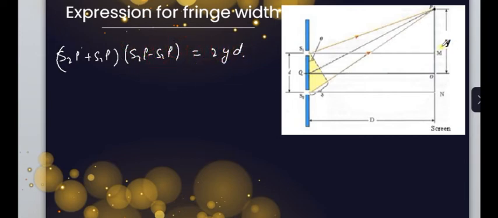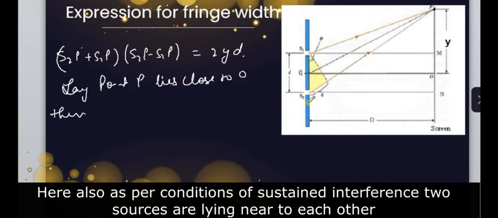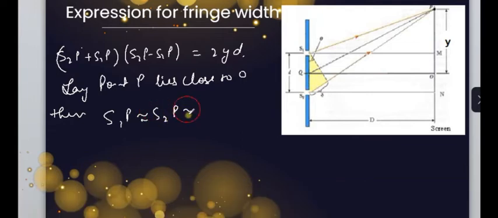Now we are assuming say point P lies close to O. Then these distances S1P and S2P will be approximately equal to D, because all these points are approximately equal.